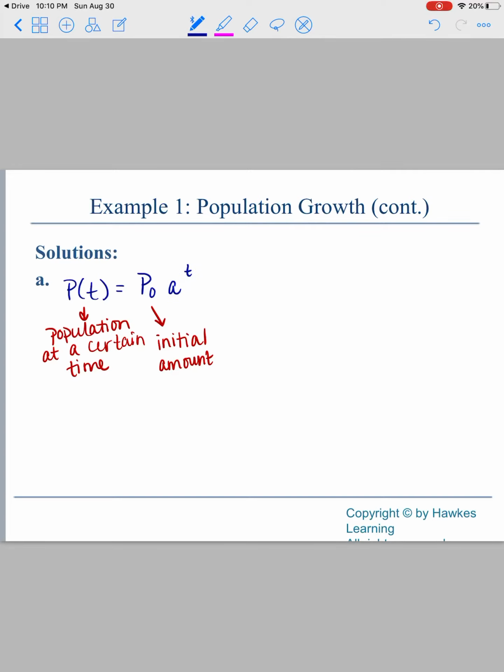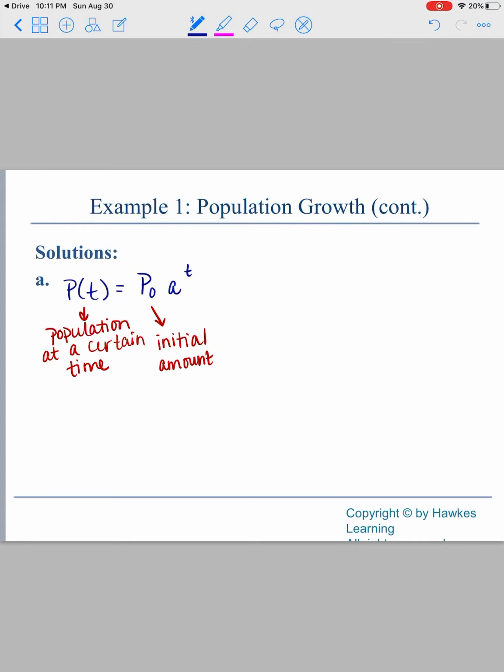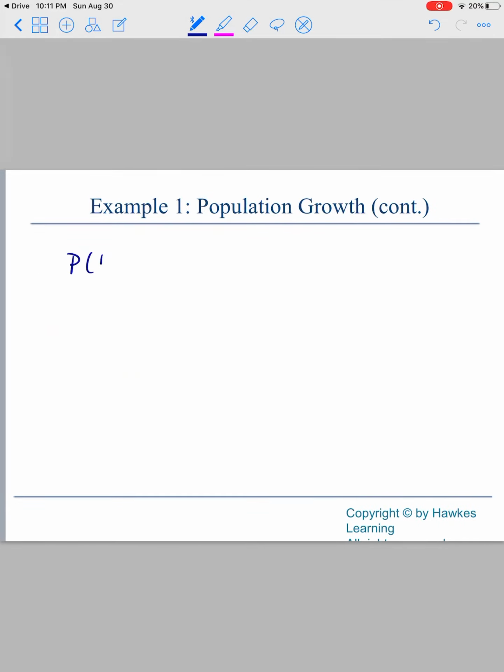Okay, so I can plug some things in. I know I don't need P sub T right now, that's going to be in my equation. So I'm going to have P sub T equals P sub 0, my initial amount. It said that this biologist started with 1,000 bacteria.